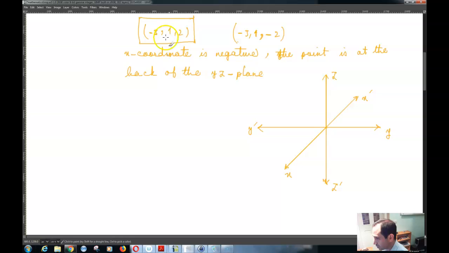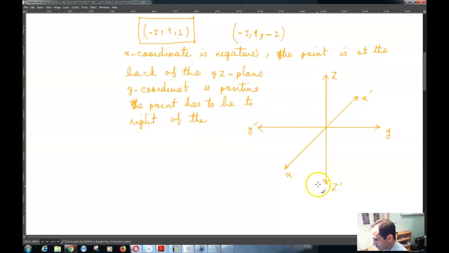So now, since the y coordinate is positive, the point has to be to the right of the XZ plane.